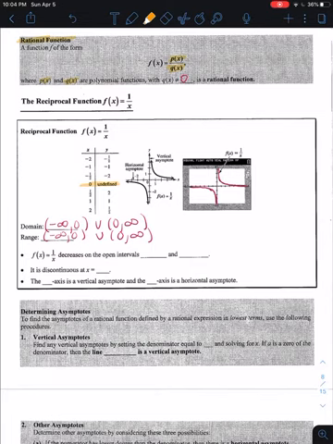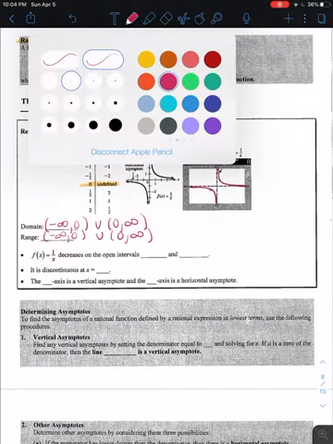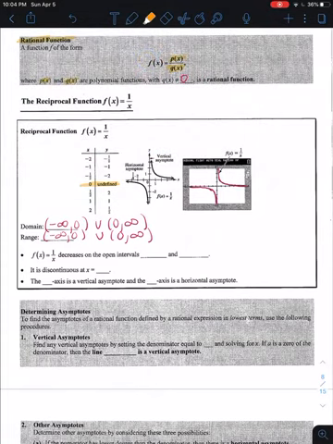1 over x, the graph decreases on both intervals. So in the beginning, I was tracing the graph. When you trace this graph, you always trace from left to right. And notice how if I trace this, I'm decreasing. So the graph is decreasing from negative infinity to 0.